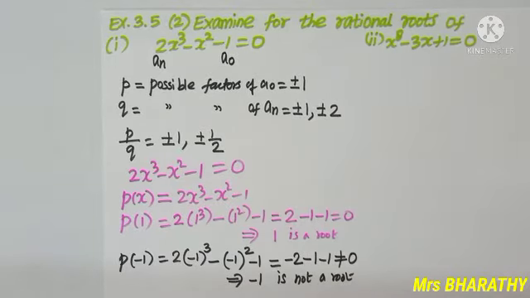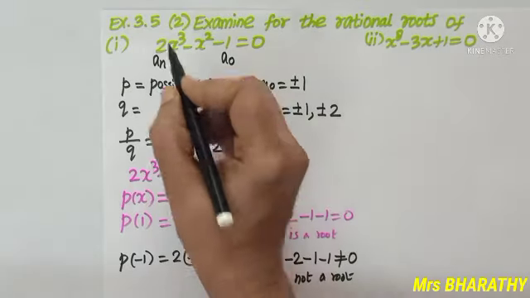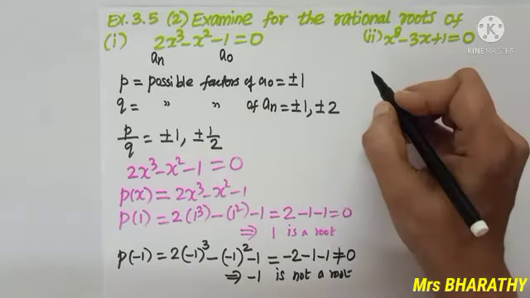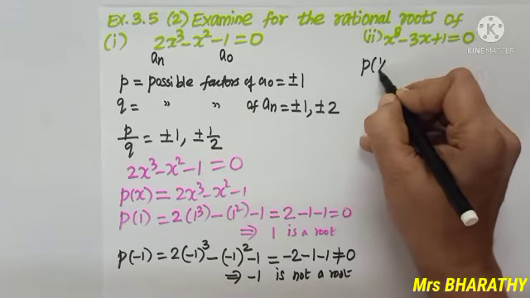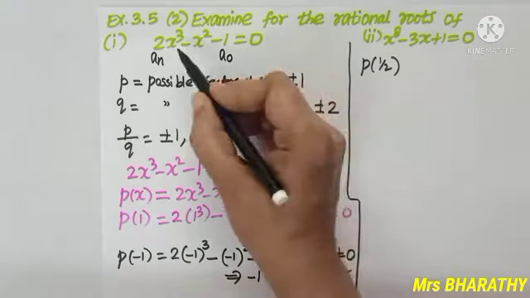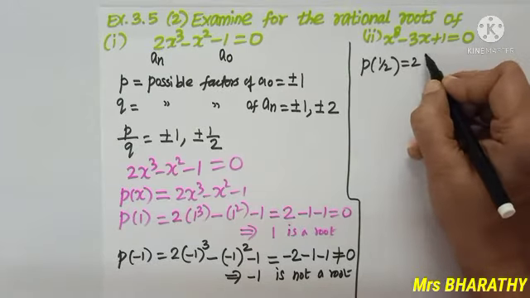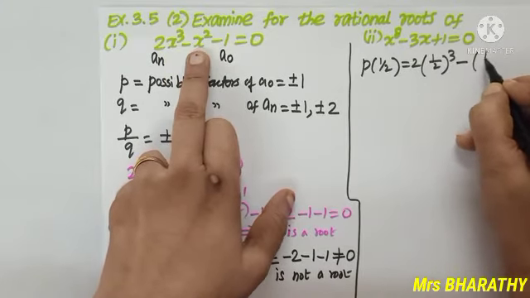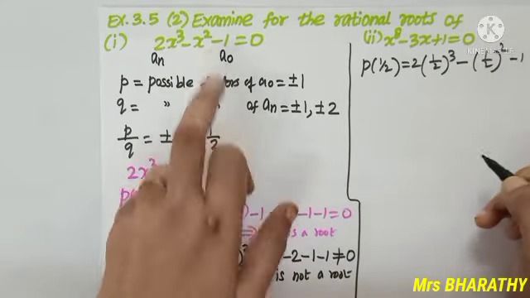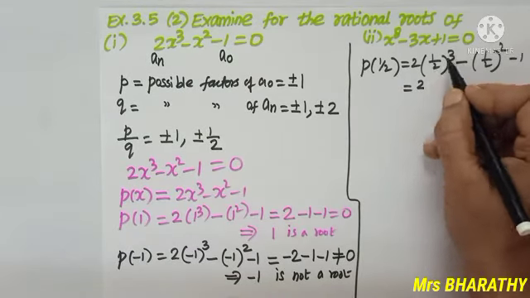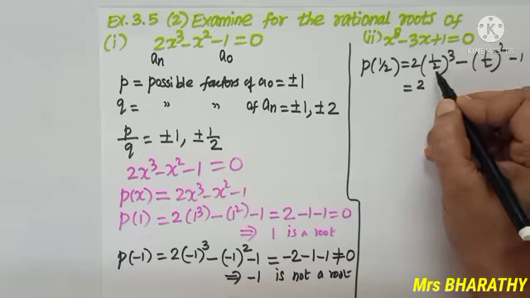Now let me check half. Wherever x comes, I am going to put half. P of 1 by 2. So wherever x is coming, we are going to put half. 2 into 1 by 2, the whole cube, minus 1 by 2, the whole square, minus 1. 1 by 2 cube is 1 by 2 into 2 into 2, that is 8.